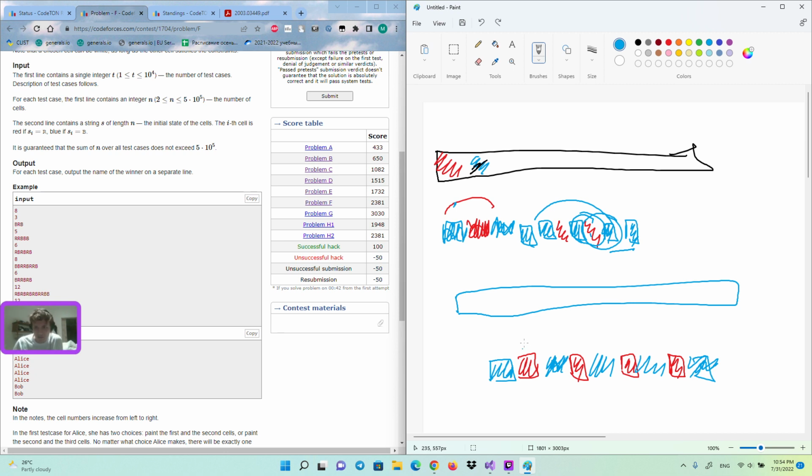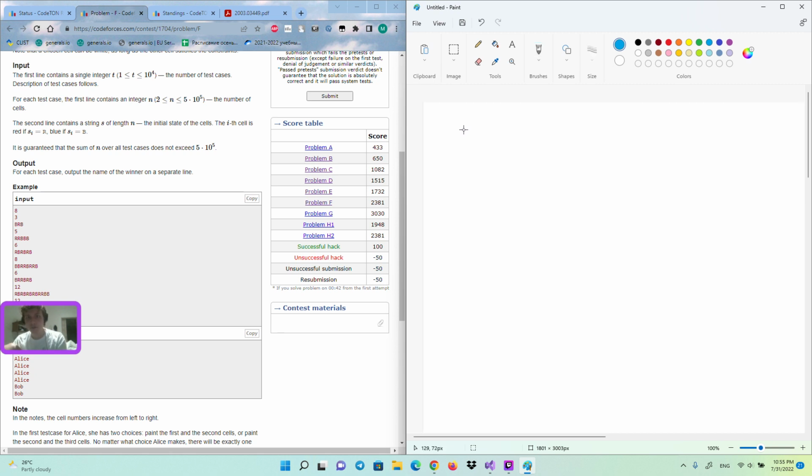For example, what if he destroys these two? After this, the game is symmetric because all we want is to destroy more. Okay, so we have several alternating segments, and we want to understand who wins or who loses this game.